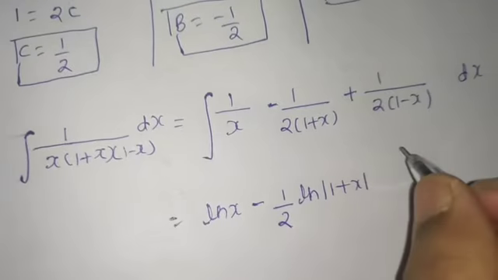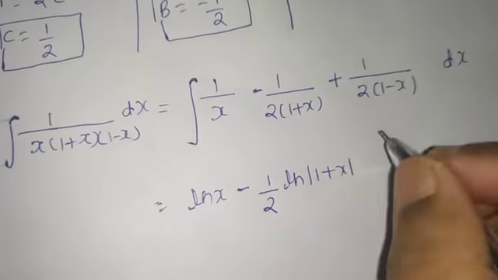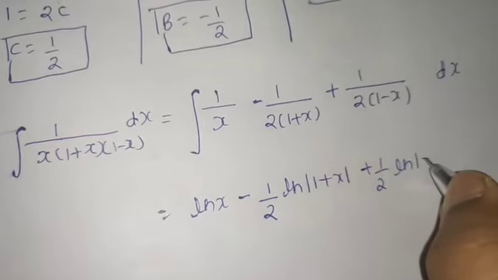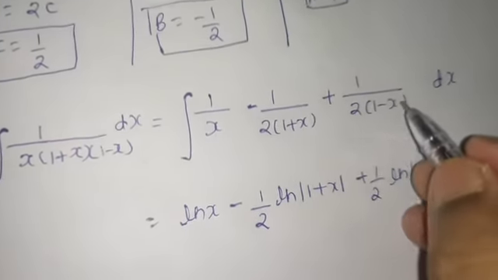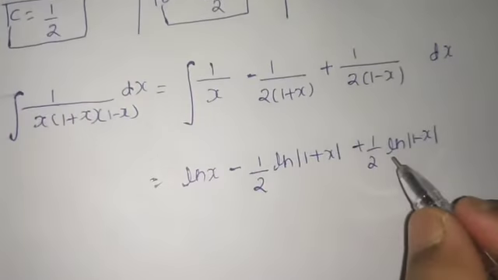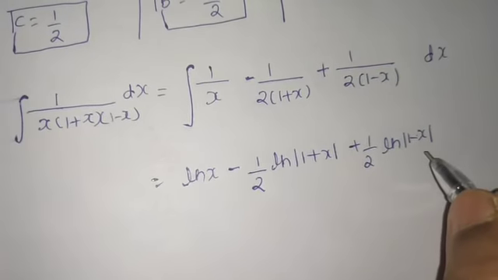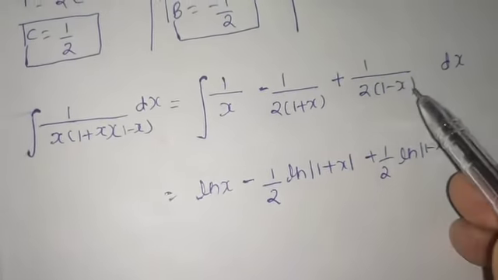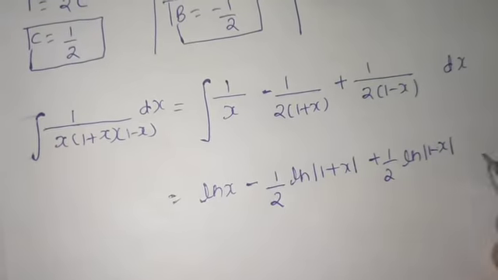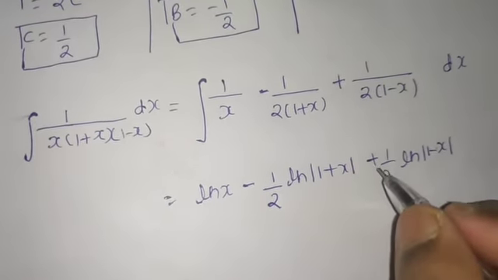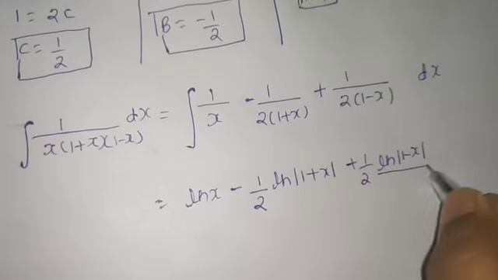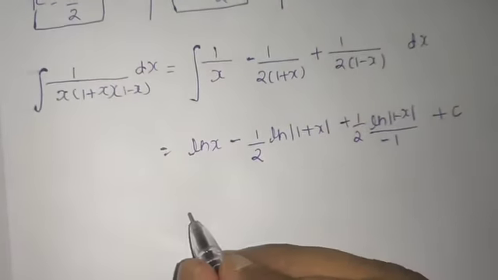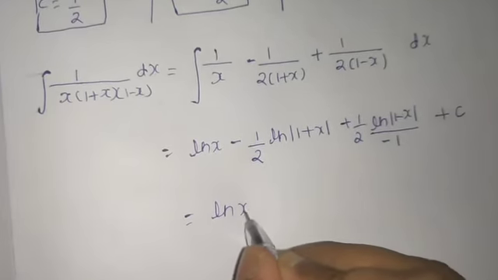Now one thing you have to keep in mind: when you are integrating 1 minus x, it will usually come out to be ln 1 minus x, but because the coefficient of x is minus 1, just divide by the derivative of this term, so that will give you a minus sign in the denominator. If you divide this by minus 1, plus a constant C, your final answer becomes ln x.